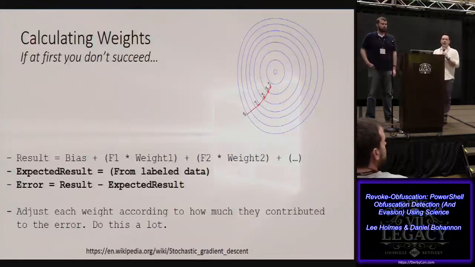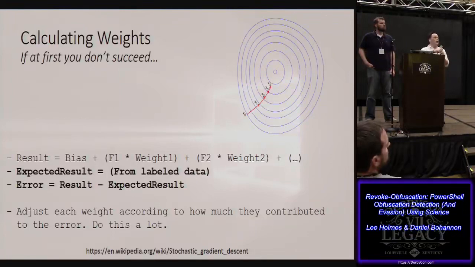Now, that's where you have something called a gradient descent. So the idea there is you start off, all those weights, they're just random. And what you do is you run that command against all of your scripts that you've labeled where you know that it's obfuscated or it's not. And it's going to give you a number. This formula will say, I think this is obfuscated.